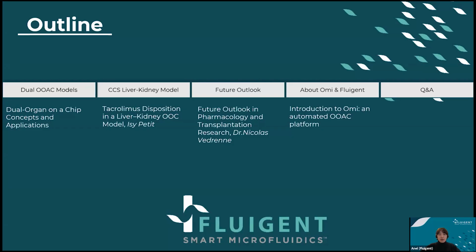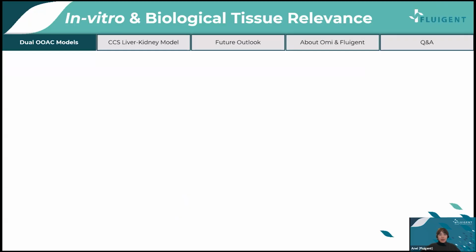Finally, we'll have the perspective, the future outlook in pharmacology and transplantation research overview by Dr. Nicolas Vedren. And finally, I'll give you a technical overview, practical considerations for Omi use, and we'll open the floor for Q&A.